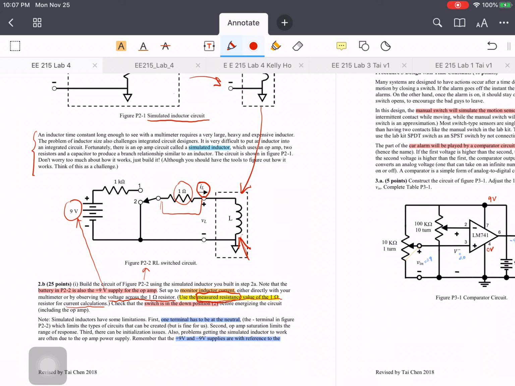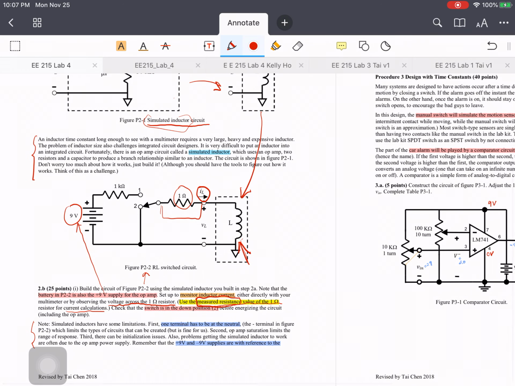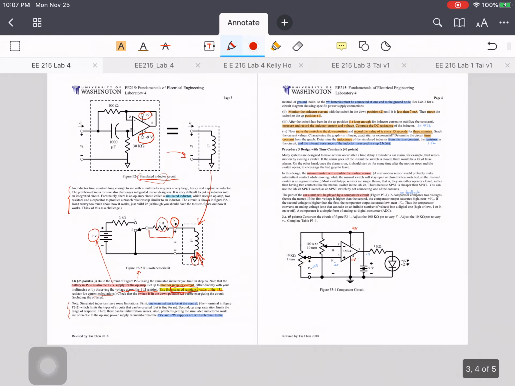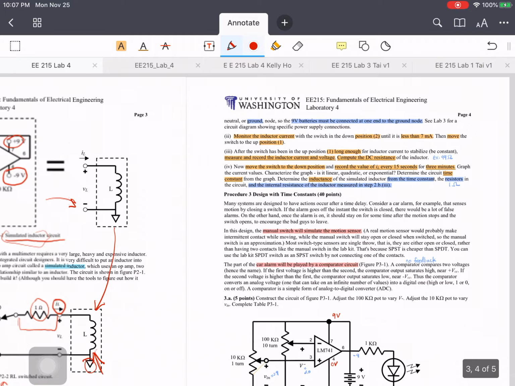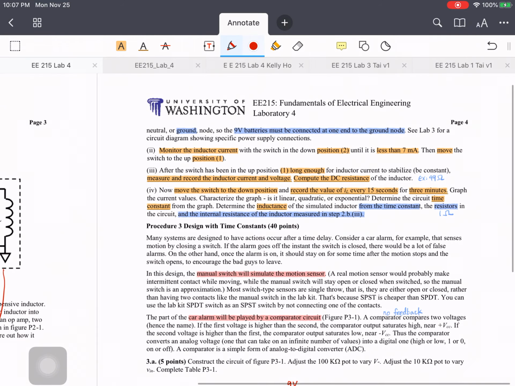Okay, and this part introduces the disadvantage of the simulated inductor. For example, this part has to be ground. So this is one disadvantage. Now, we have to do something for this circuit.